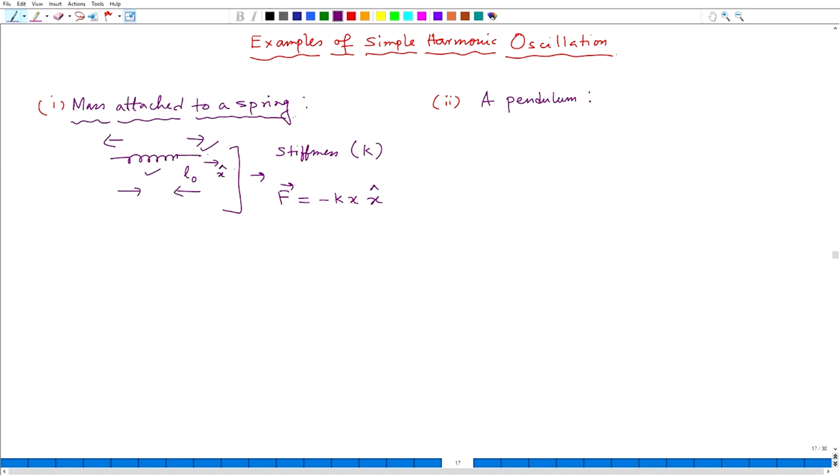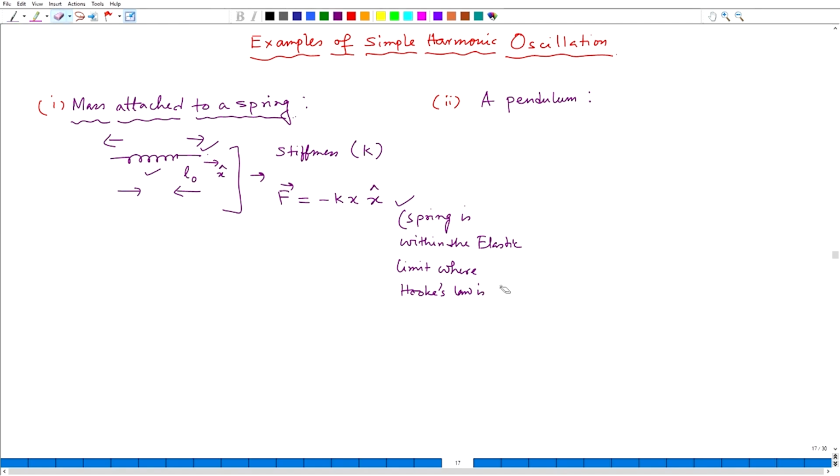Now, this is in general true when the deformation is weak, and then we say the spring is within the so-called elastic limit, where Hooke's law is valid.